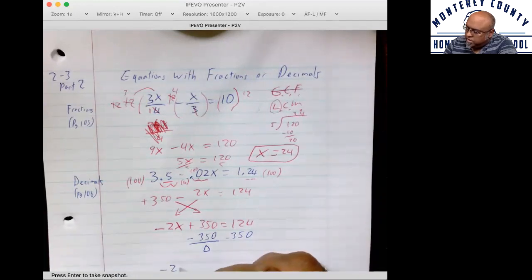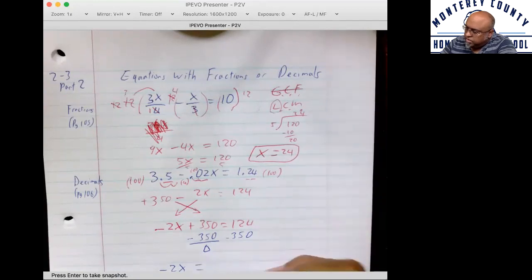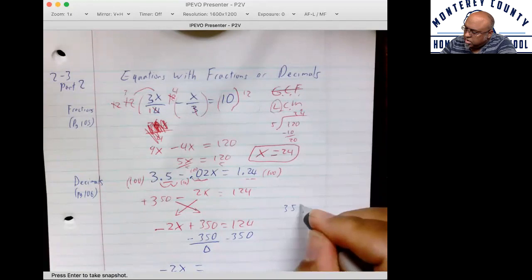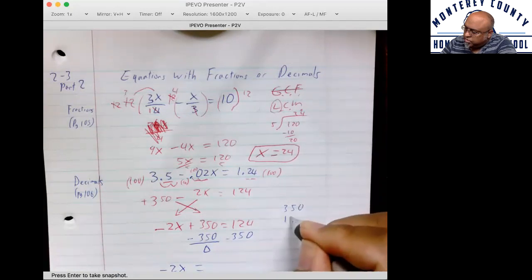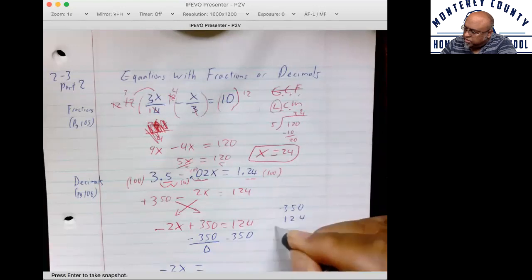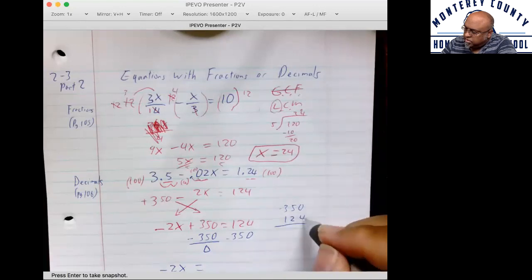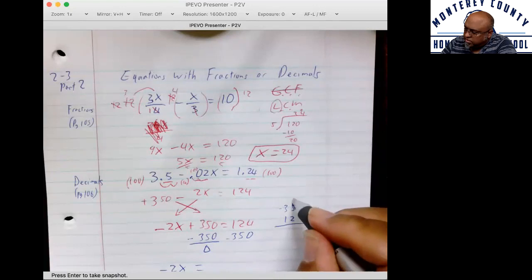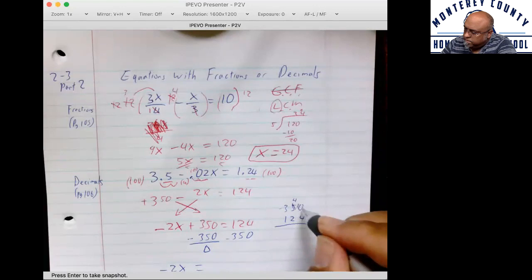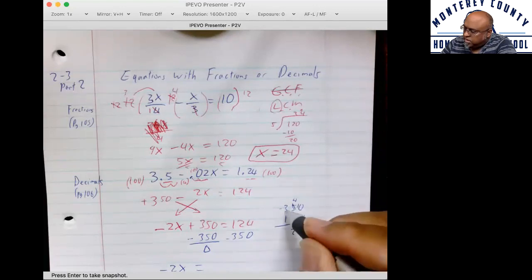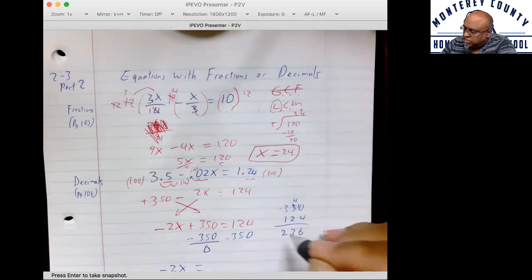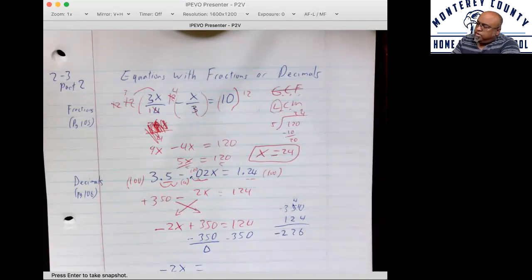Okay, so now I have negative 2x is equal to, and so that it is clear in my head, I'm going to switch this and do it like a standard arithmetic problem. 4 minus 2 is 2, 3 minus 1 is 2. So I have negative 226.